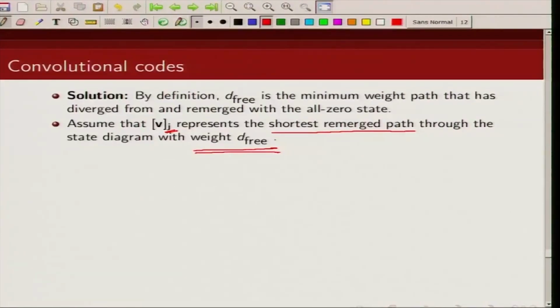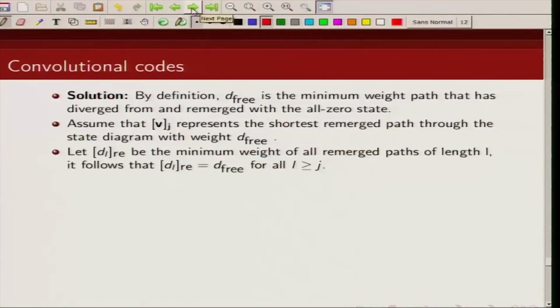So, if t equal to j is the smallest time which represents the shortest re-merged path, then what does it mean? If we denote by dl the minimum weight of all re-merged paths. What is a re-merged path? These are paths which diverge from the all 0 state and then merge back into the all 0 state.